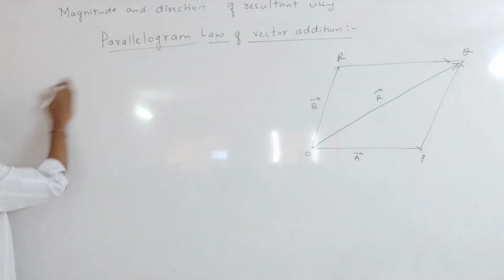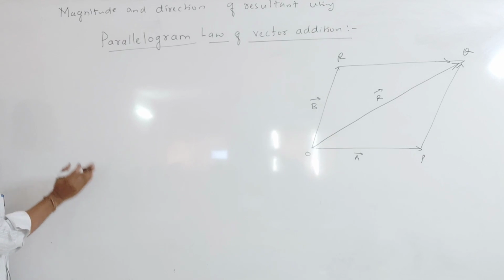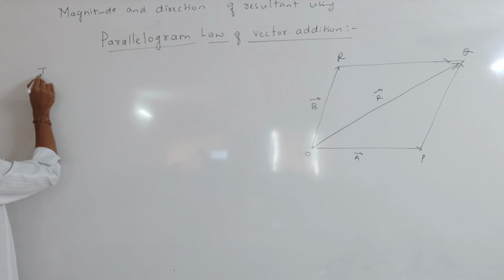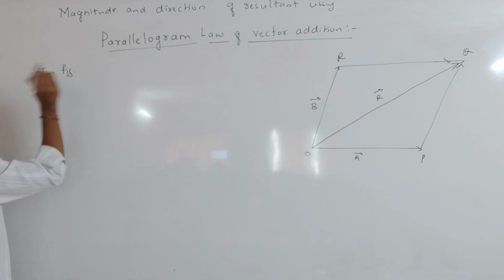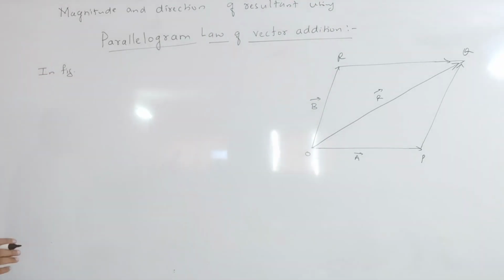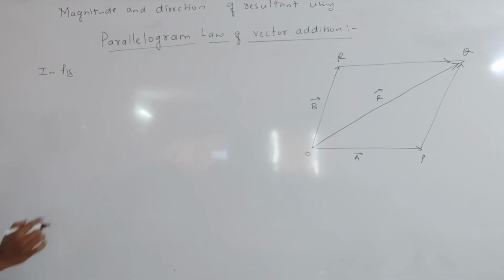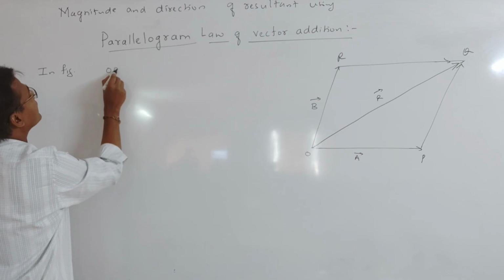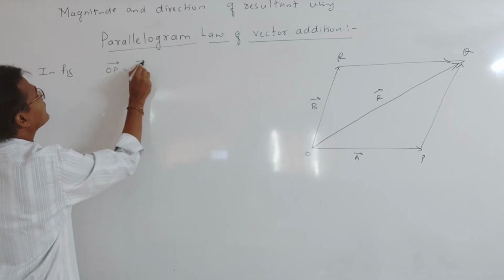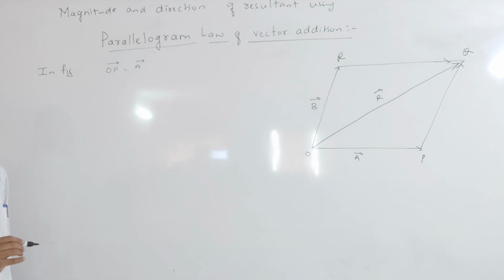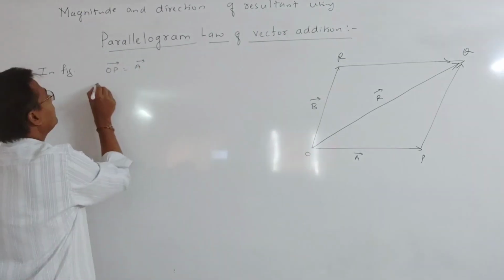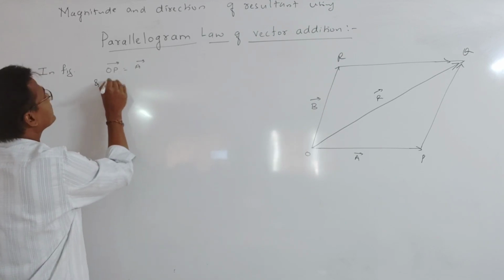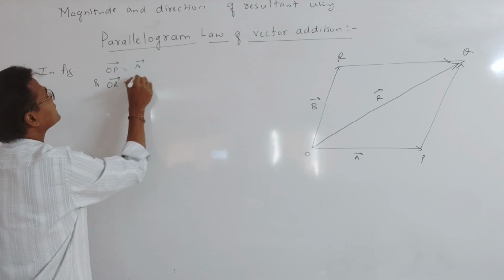So here, now in the figure we can see that A vector and B vector. So in the figure, OP vector is equal to A vector, and OR vector is equal to B vector.